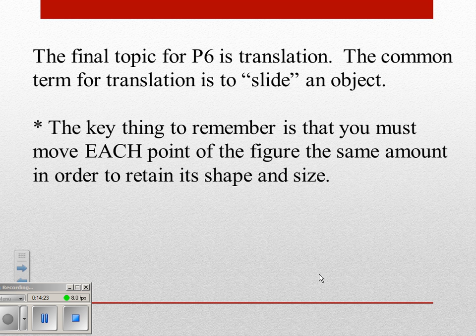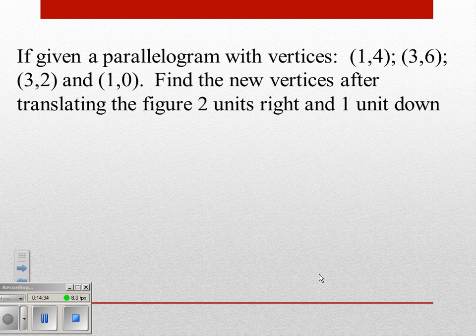When we translate something, it still looks exactly the same when we're done. It hasn't rotated, it hasn't flipped, it hasn't done anything else. It's just slid. Now, we should be able to come up with new vertices without even graphing it on graph paper. If given a parallelogram with vertices 1, 4, 3, 6, 3, 2, and 1, 0, find the new vertices after translating the figure 2 units right and 1 unit down.